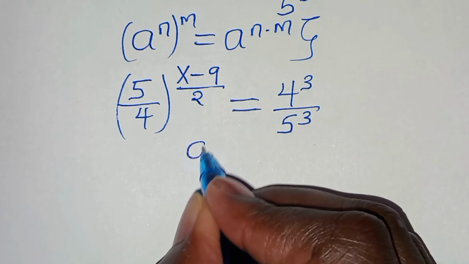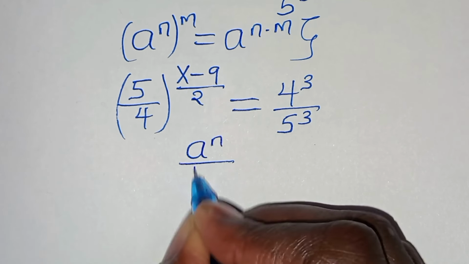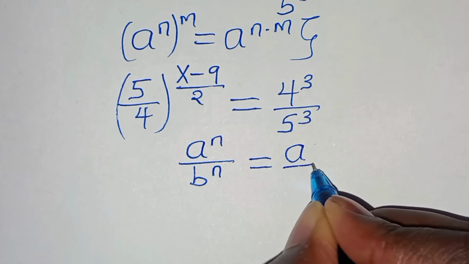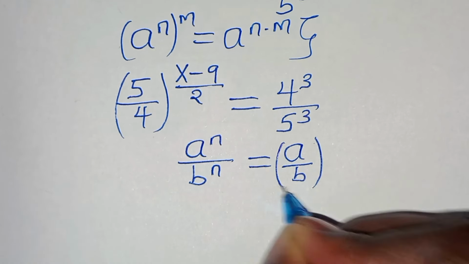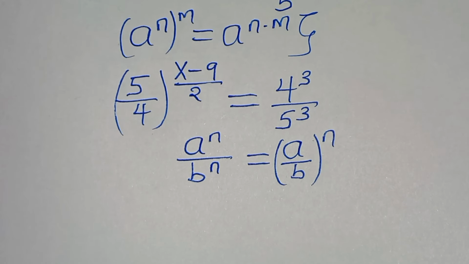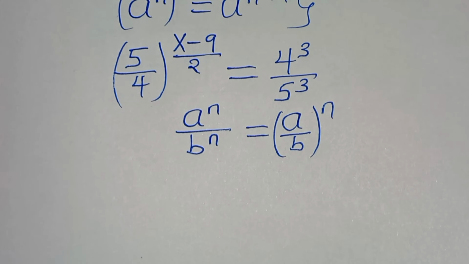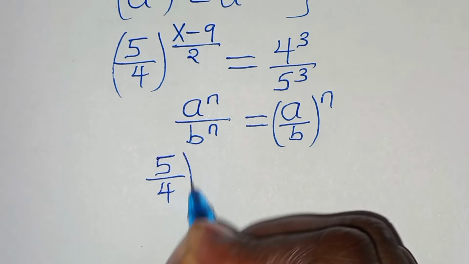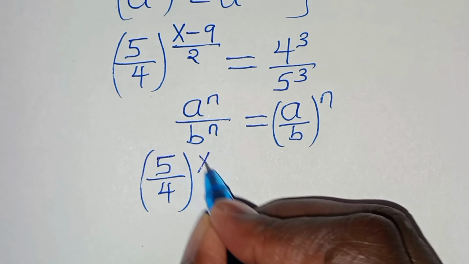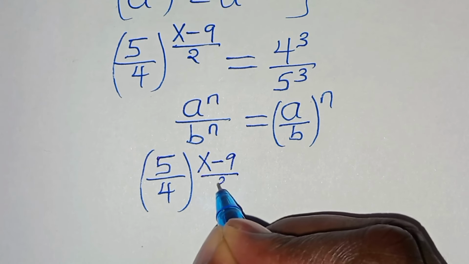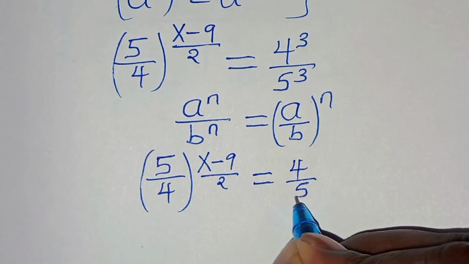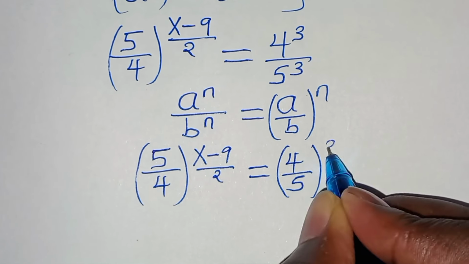This is in the form of a to the power of n divided by b to the power of n, which we can express as a over b raised to the power of n. Applying this, we have 5 over 4 raised to the power of x minus 9 divided by 2, equal to 4 over 5 raised to the power of 3.